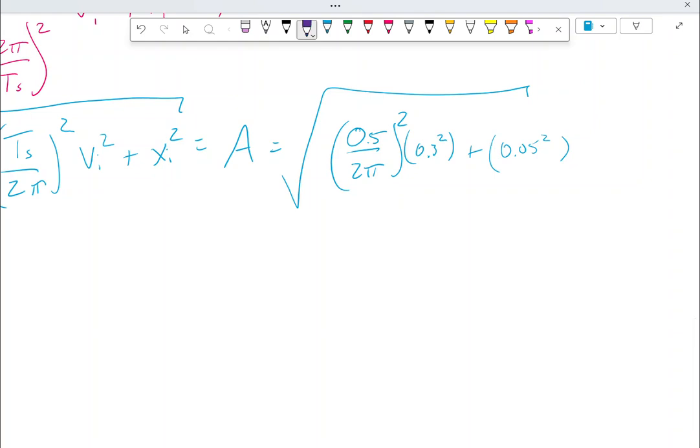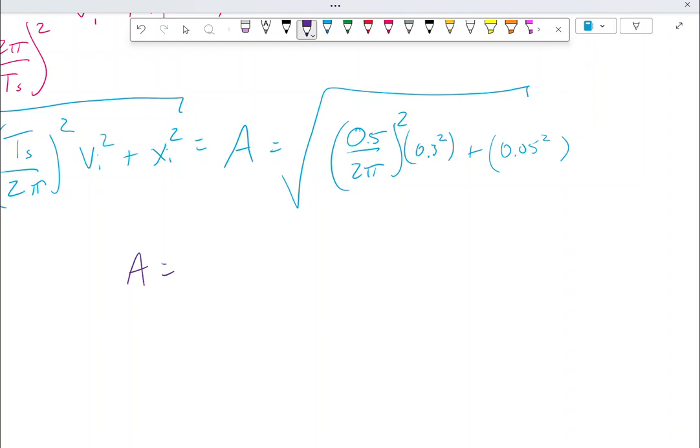Okay, so I'm going to plug all this in. Sorry, you'll have to wait with me for a little bit while I do this. So let's see, 0.5 divided by 2 pi, all of that squared times 0.3 squared, and then I'm going to add all that to 0.05 squared, but then I need to take the square root of all that, yikes.